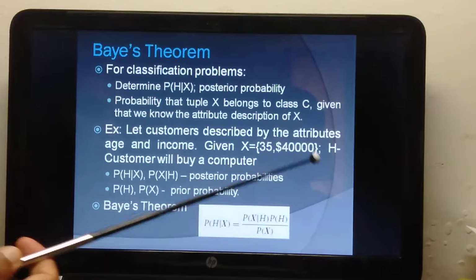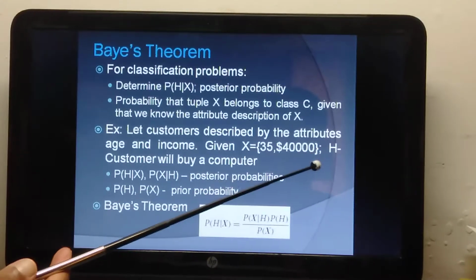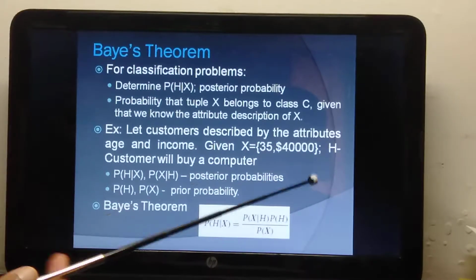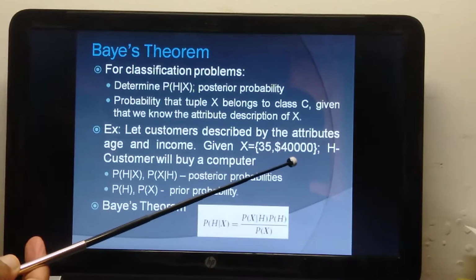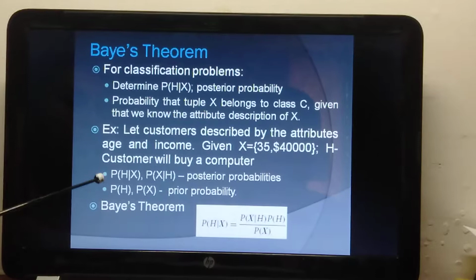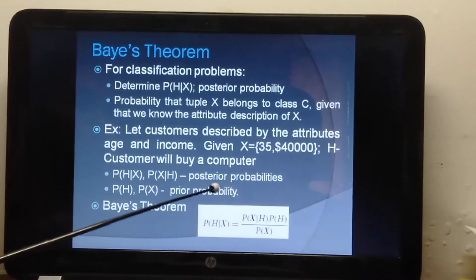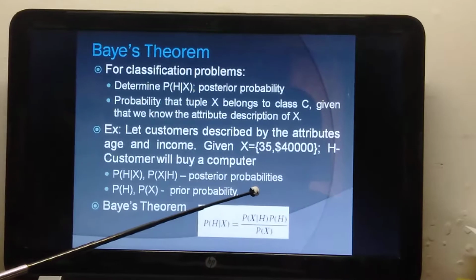When we find probability of H given X, what we are trying to find out is the probability of a customer buying a computer if his age is 35 and his income is 40,000.